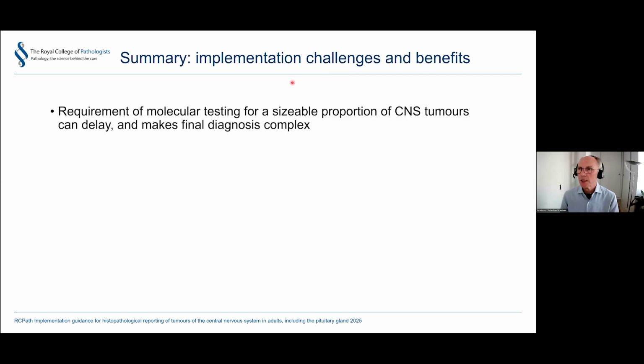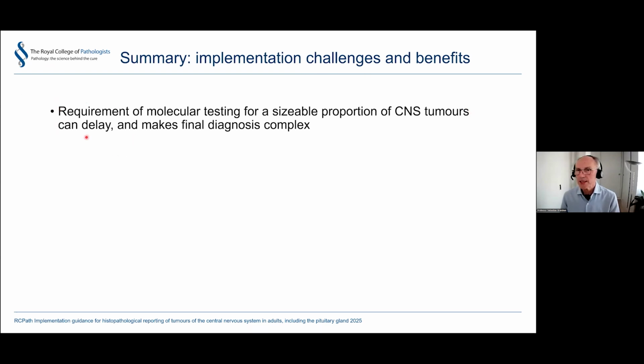So one of the problems is that practically all CNS tumors, with a few exceptions, now require molecular testing. Probably in daily practice, one can fairly say about 50% of the CNS tumors require one or other type of molecular testing, even if it's only a basic one.